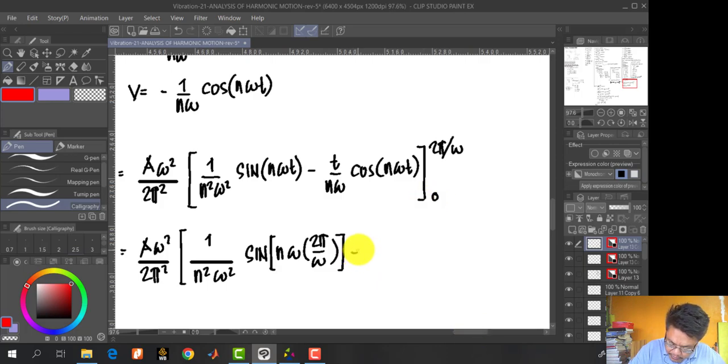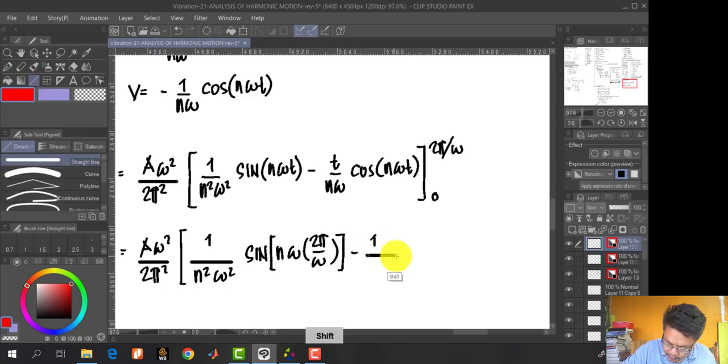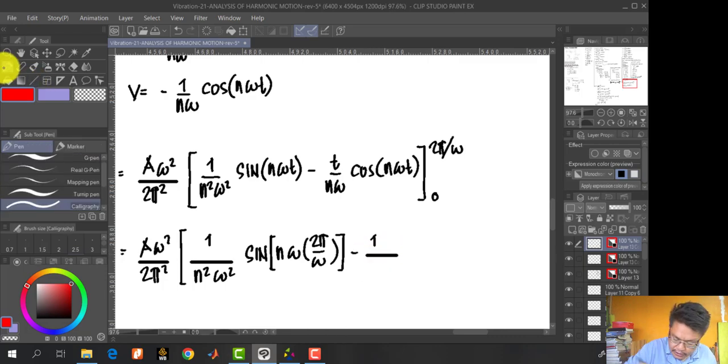So let's show it, so you can fully understand, this is a step-by-step procedure that I'm doing, so you can see there's no magic or shortcut here. So that will be sine, close bracket, that will be n angular velocity. Again, that is 0.